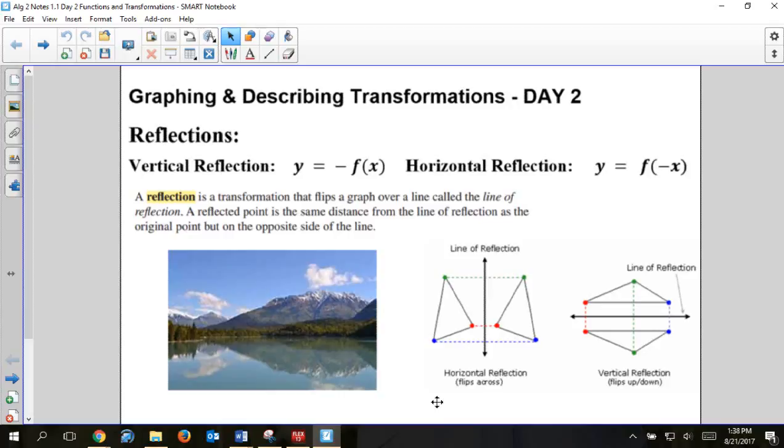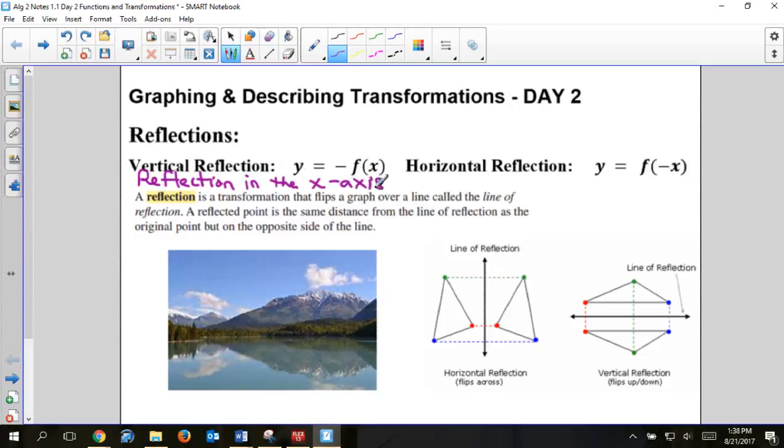So I'm going to write that down. Ready? Reflection in the x-axis. That is the vertical one.